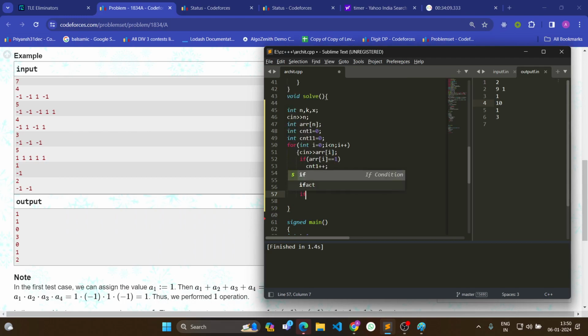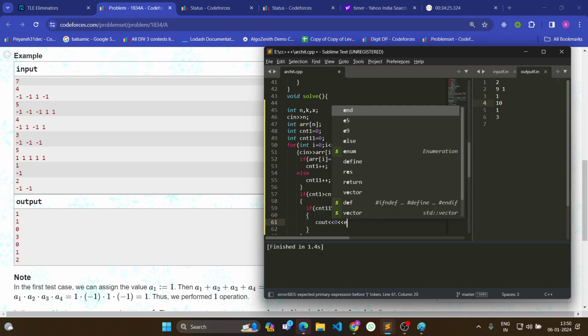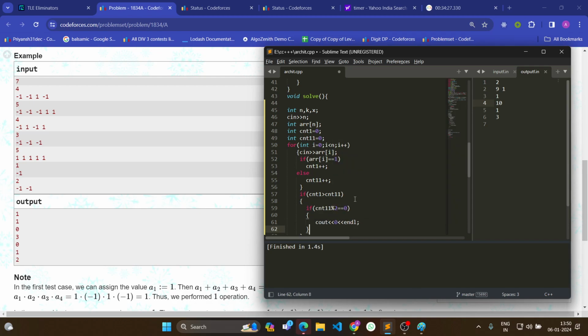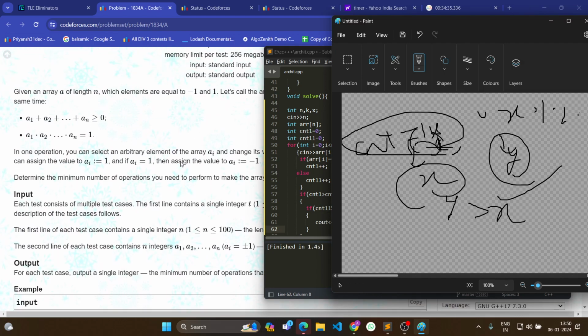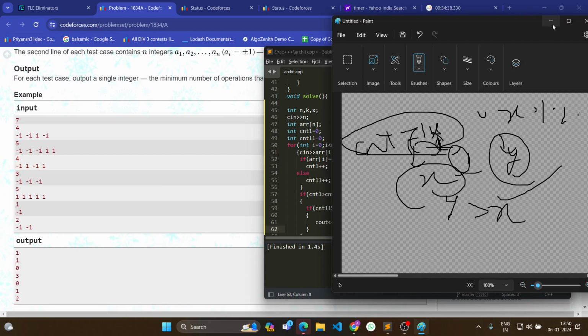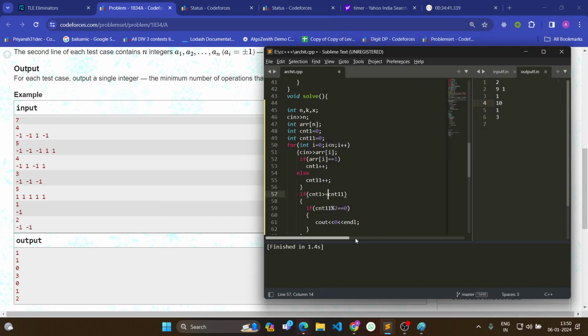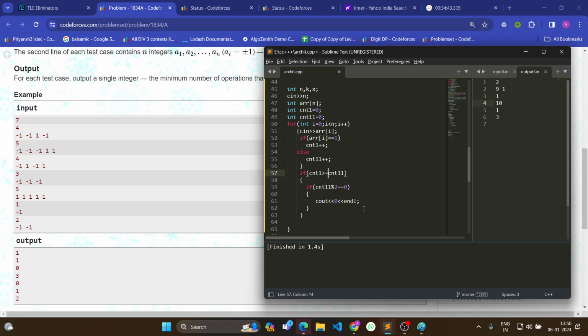So if count of 1 is greater than count of minus 1, and if count of minus 1 mod 2 is equal to 0, the answer is 0 operations needed, because everything mentioned is already true. Like if I have 5 and 4, the product is 1.